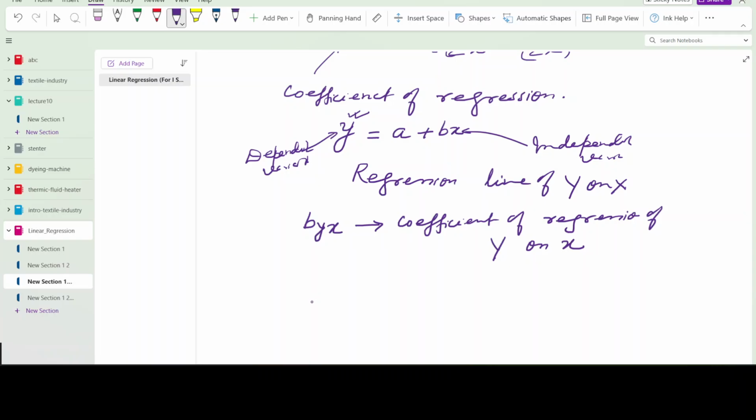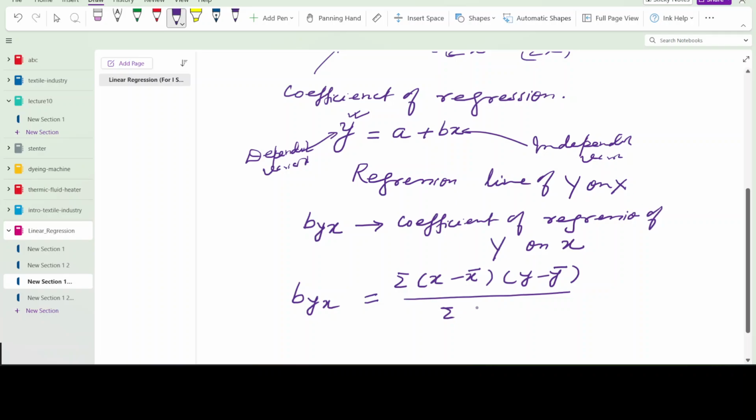There is another way of defining or writing byx, and that is in terms of sigma (x minus x bar)(y minus y bar) divided by sigma (x minus x bar) whole square.